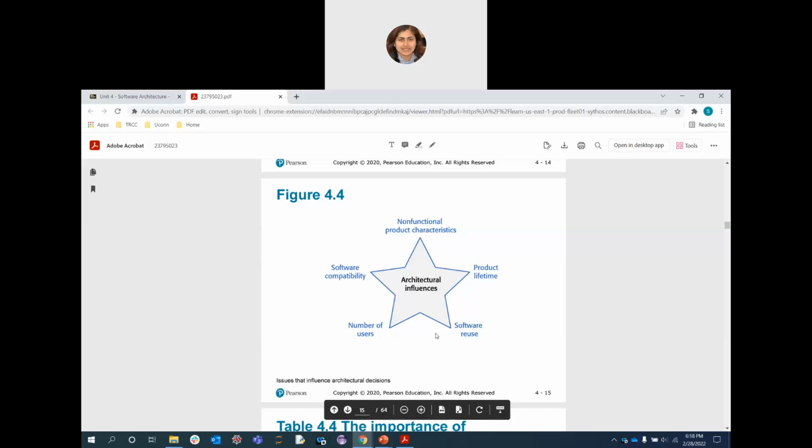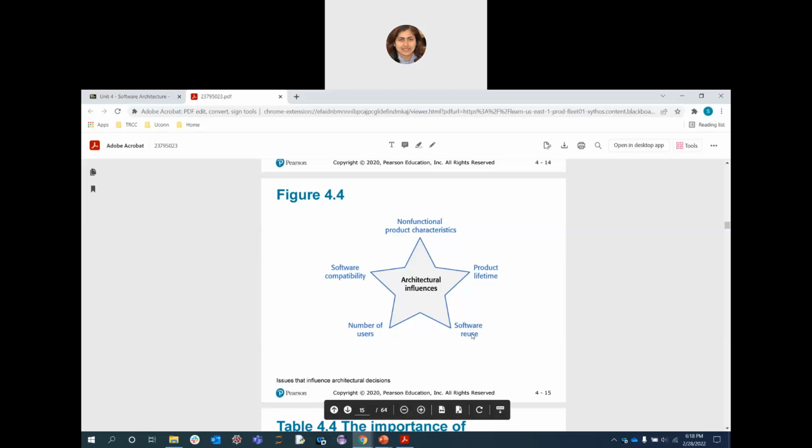Product lifetime: if you anticipate a long product lifetime, you need to create regular product revisions. You therefore need an architecture that can evolve so that it can be adapted to accommodate new features and technology. Then comes software reuse.